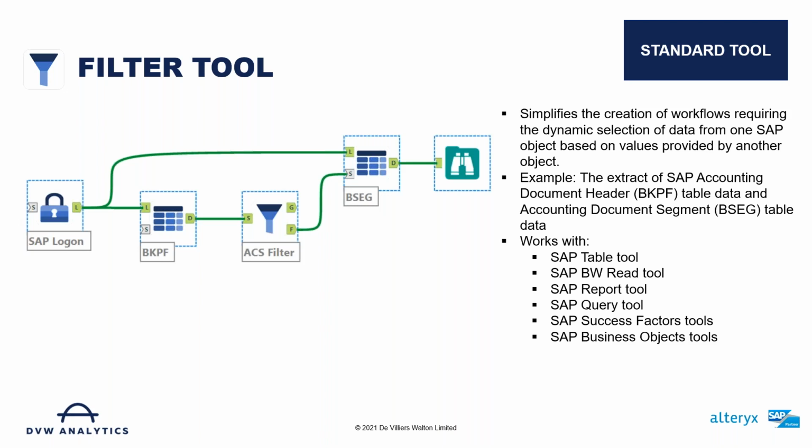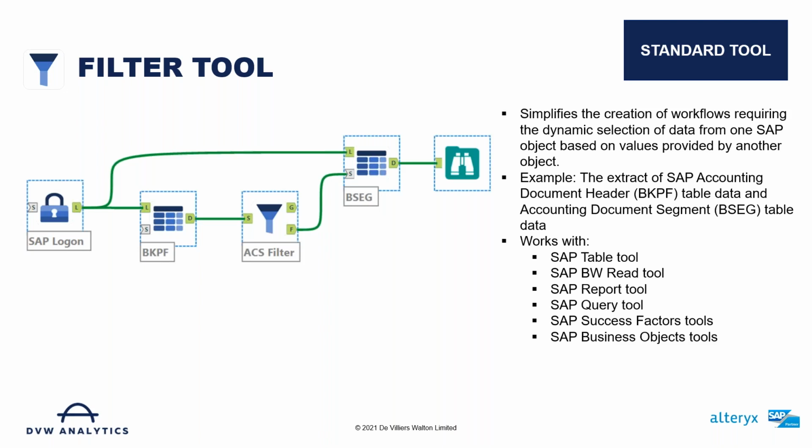We're going to use our filter tool, which is another one of our tools, and this again helps in the organization of that. And this diagram here is a preview, if you like, of the demo. It's a nested table. We're going to use BKPF, the header table, pull some data from there, but use the filter tool to pull only the data that we want from the line item table BSEG.